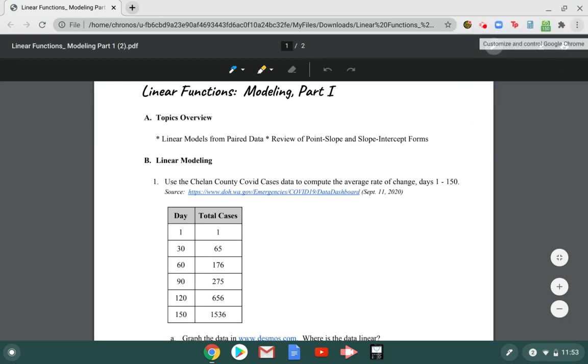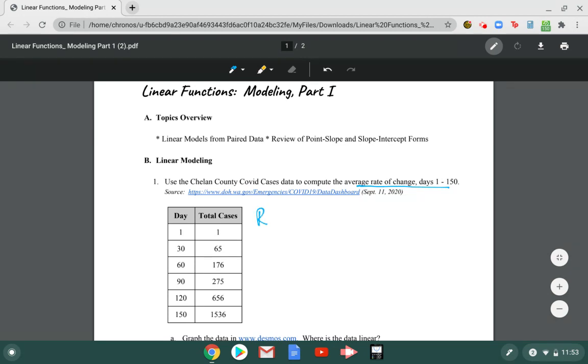The first example has some real data that I got from the Department of Health website. And we've got total cases of COVID in Chelan County from day one, the very first occurrence of a case, through day 150. First thing we want to do is to find the average rate of change over the entire data set.